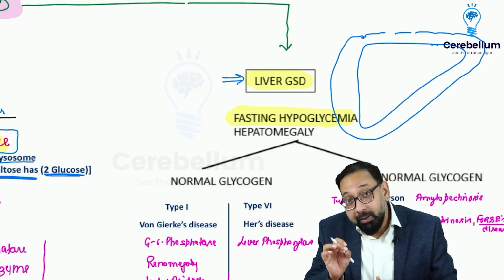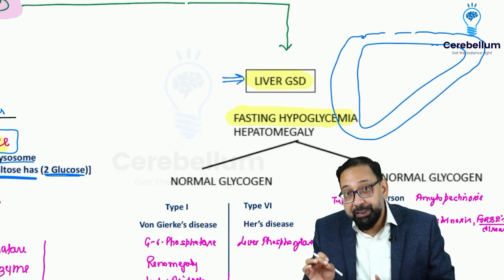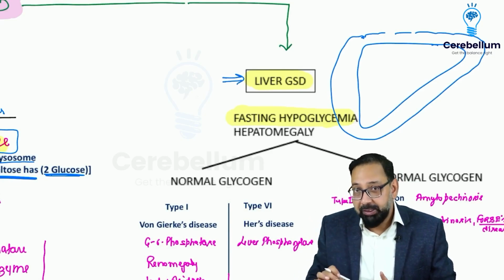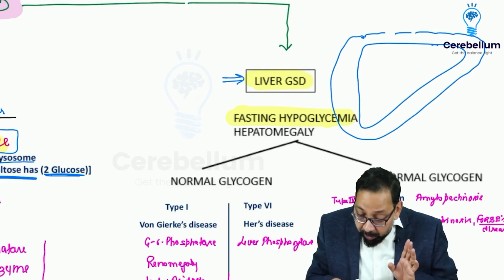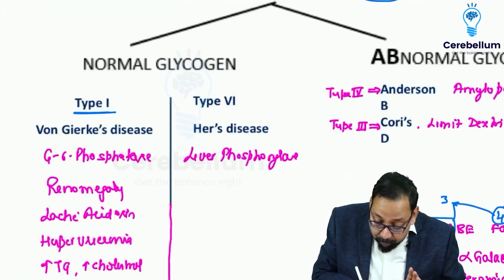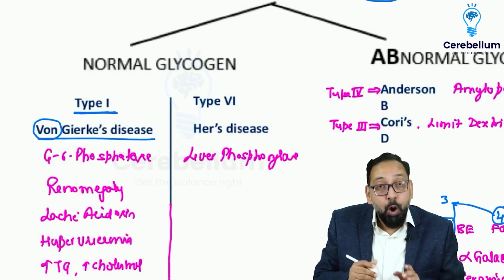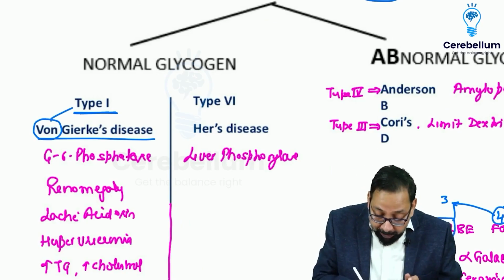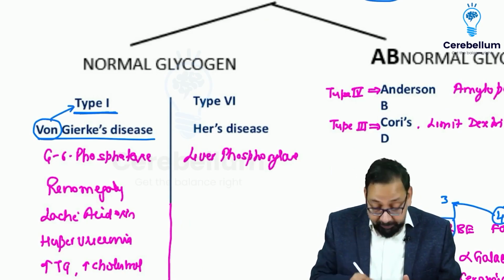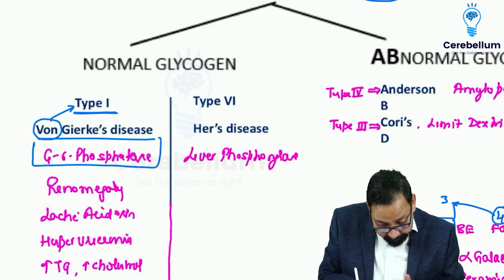First of all, I will mention the name and enzyme deficiency of these liver glycogen storage diseases, then I will describe in detail. Type 1 glycogen storage disease, von Gierke's disease. Mnemonic is von Gierke, pronounced as 1. Enzyme defect is glucose 6-phosphatase.